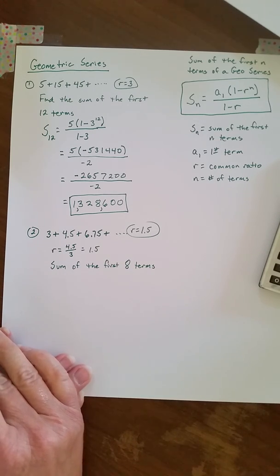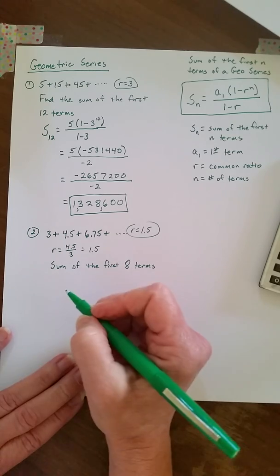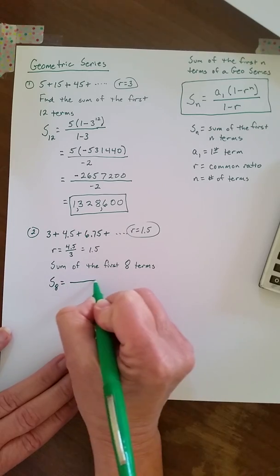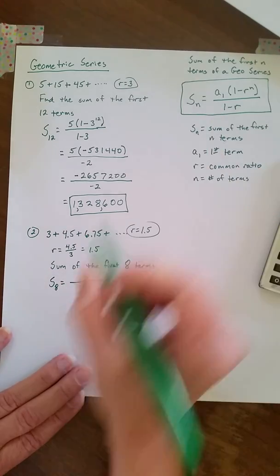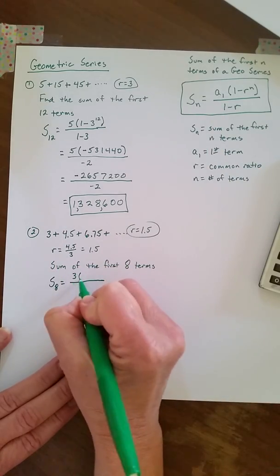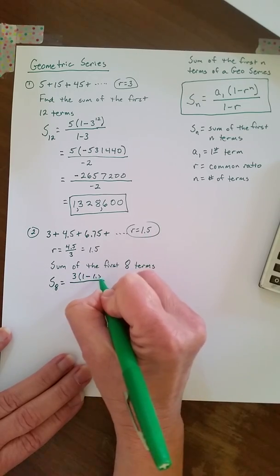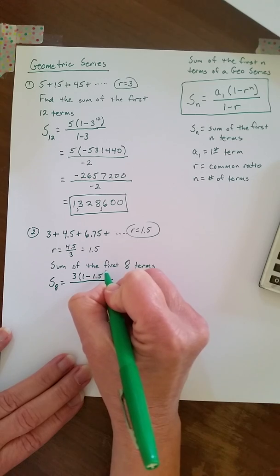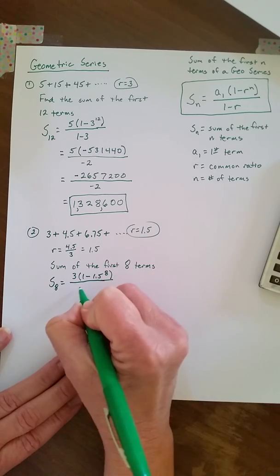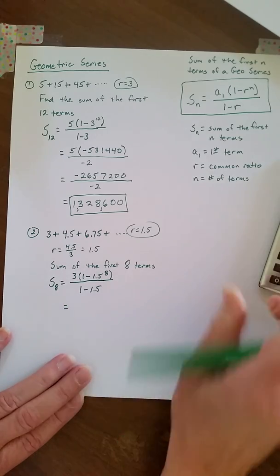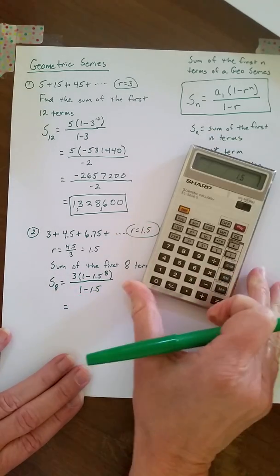Well, hello. How did you do? Let's find out. So the sum of the first 8 terms is my first term, which is 3, times 1 minus 1.5 to the 8th, all over 1 minus 1.5. Okay, now make sure that you do this correctly.